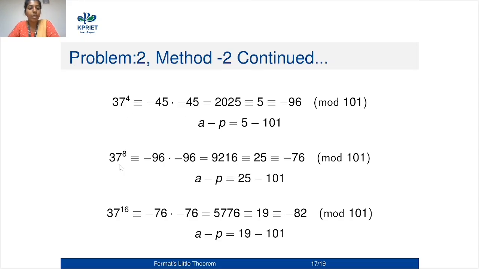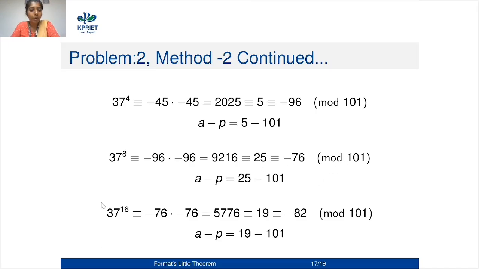Now let us take 37 power 8. In this case, I have to multiply this minus 96 with itself. So minus 96 into minus 96 gives 9216. When this number is divided by 101, I get the remainder 25. To get a negative remainder, the formula is A minus P. So 25 minus 101 gives minus 76.